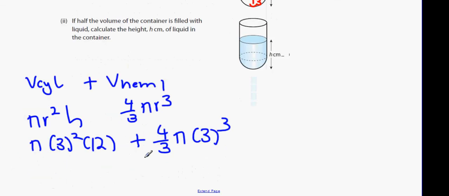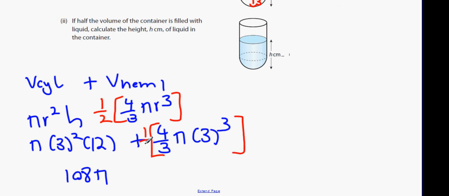Now, what you can do here is put it all in, but the volume of the cylinder is 108 pi, and the volume of the hemisphere, it's a hemisphere. Excuse me, guys. A hemisphere is half the volume of a sphere. So I need to half it. So whatever my answer is, I'm going to half it.